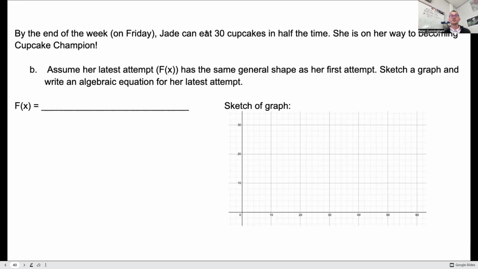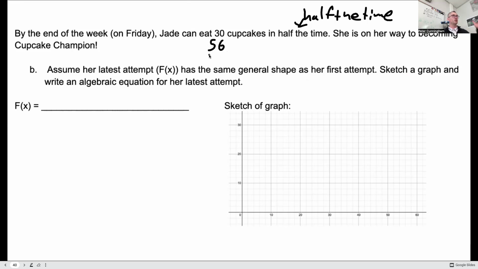All right. What did she do? What changed? She said, I got better. I finished in half the time. It's like, girl, you need to eat half the cupcakes. Girl. And when we did clock it, we realized that it was half the time. So how long did she clock? How long did it take before? 56.